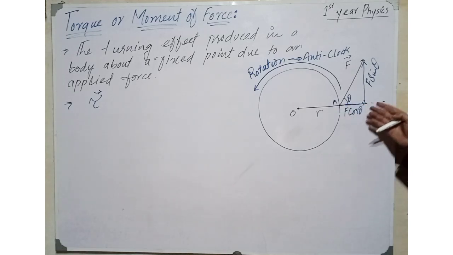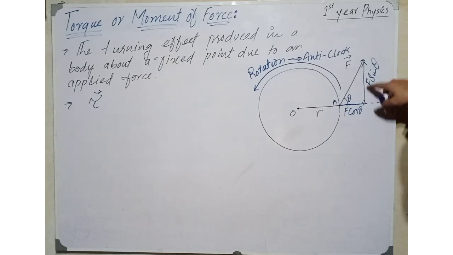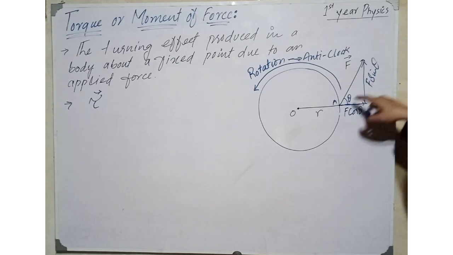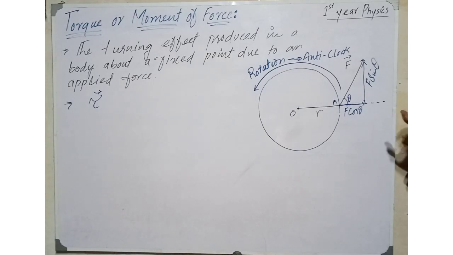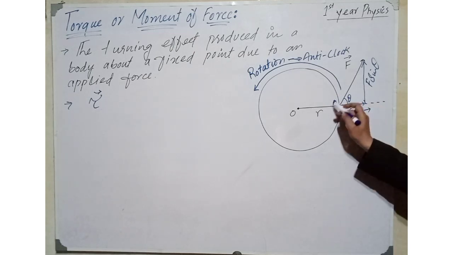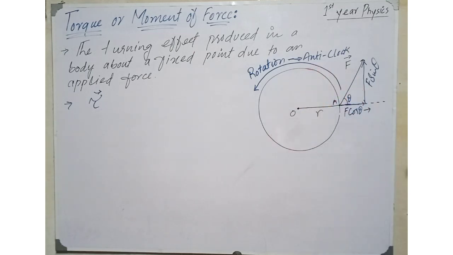On the other hand, if the force is along the perpendicular component, then obviously it is going to rotate. So from our observation we can say that the F cos theta component doesn't play any role in this kind of turning effect. It has zero effect on the rotation of the wheel. On the other hand, the perpendicular component is the only force responsible for producing rotation.